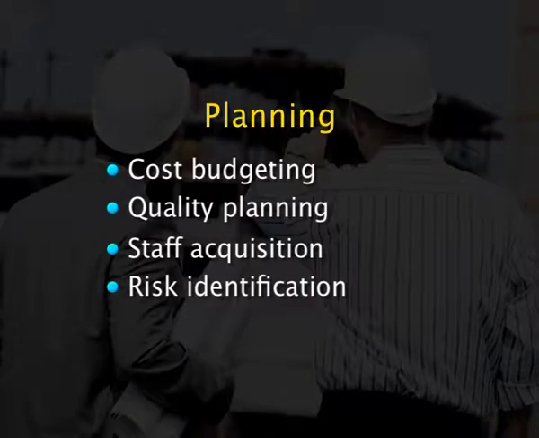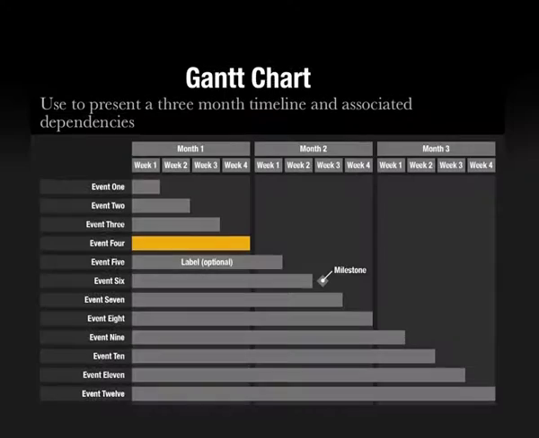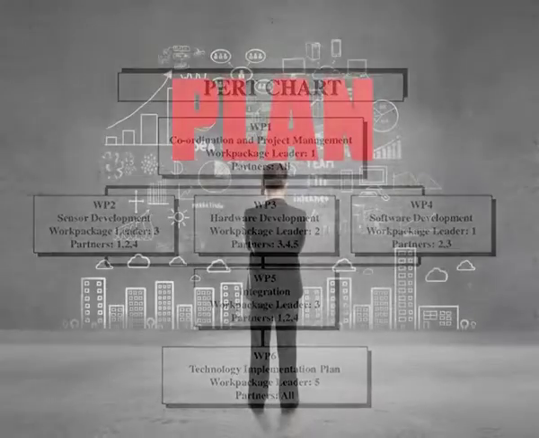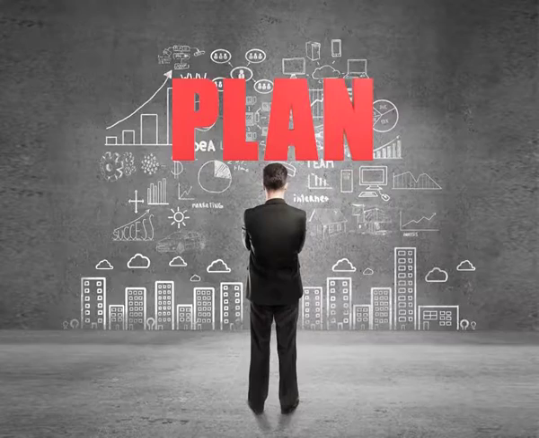All this has to be documented in a baseline plan. For this, we can use multiple tools and techniques such as Gantt chart or PERT chart. There are various techniques for setting up a plan, and using the drawings you can design it.